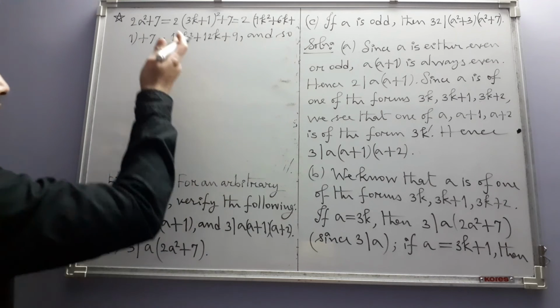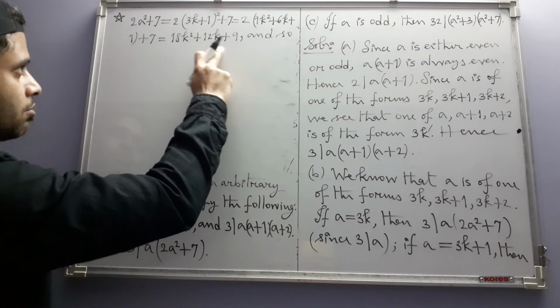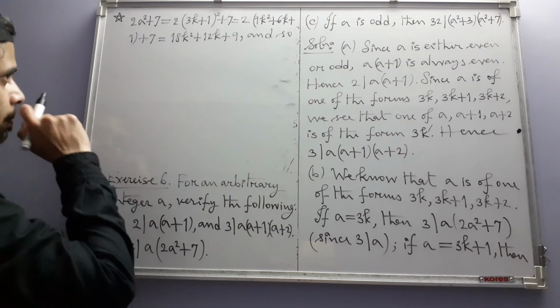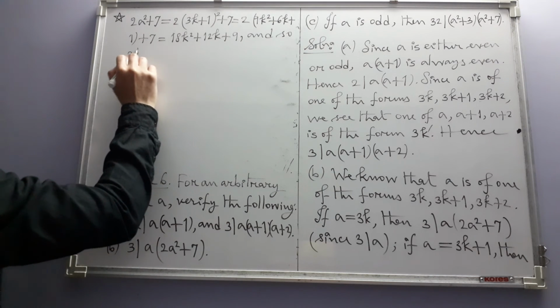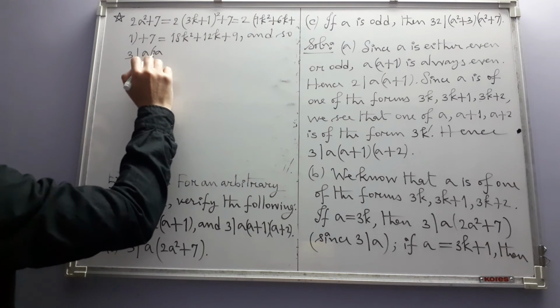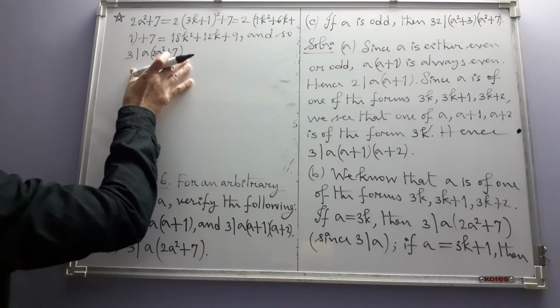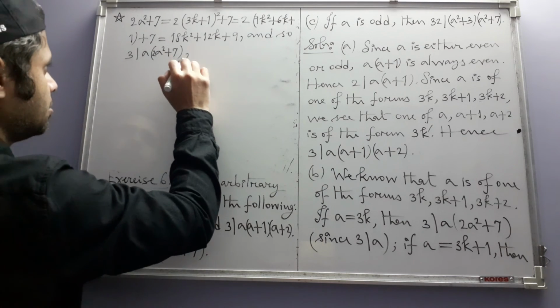And this is divisible by 3 because this is 3 times 6k square plus 4k plus 3. So this part is divisible by 3, so this product is divisible by 3.